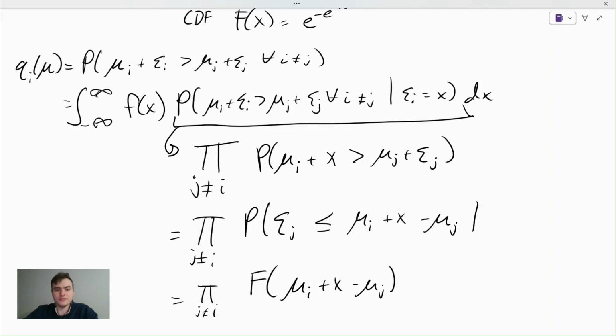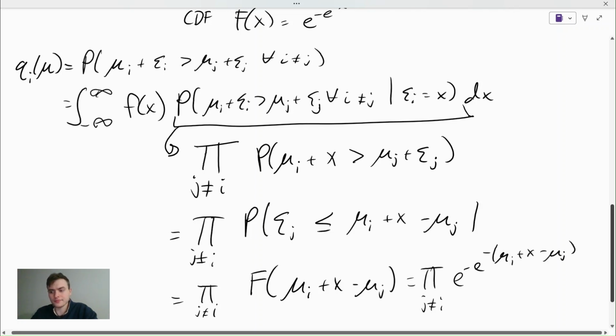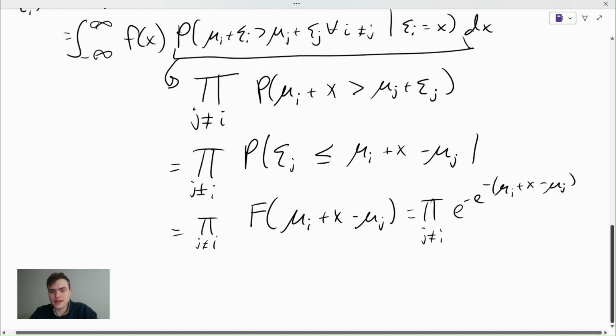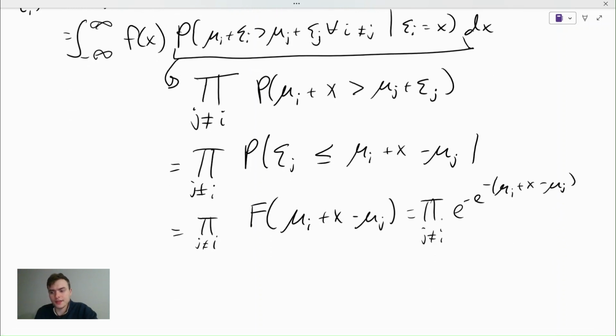And then substitute in the CDF function given above. And then, a product of something raised to the power of something, we can change to something to the power of the sum of the powers, right?